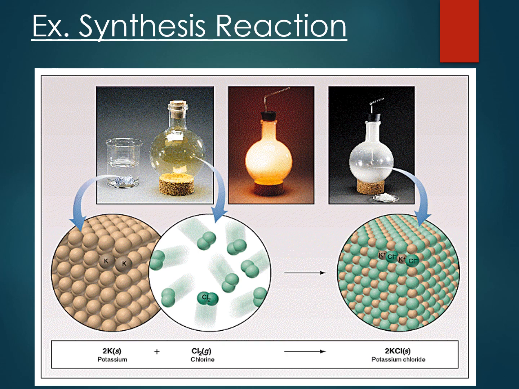This is actually an explosive reaction, so if we're going to tie this to our kinetic theory, it is a highly exothermic reaction, and when the two combine, they form one product, which, as you can see, is in the solid form, very organized, and that solid is an ionic compound referred to as potassium chloride.